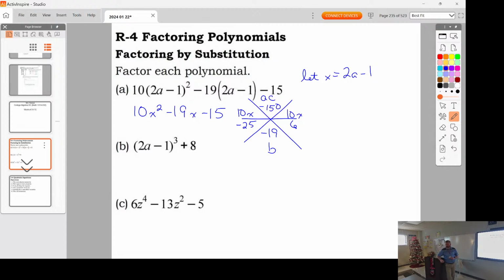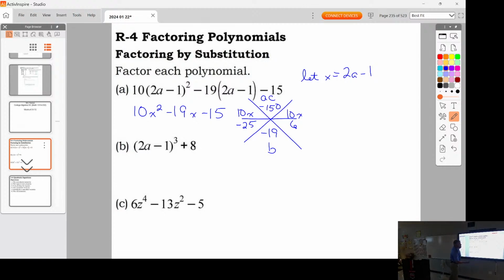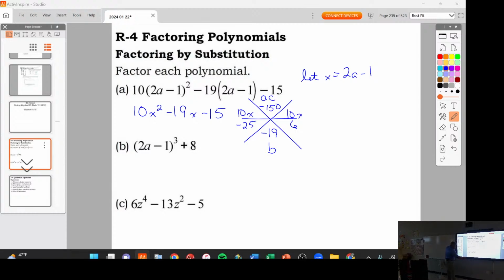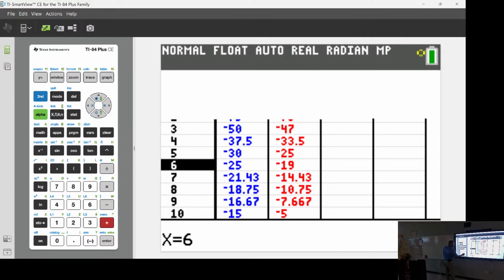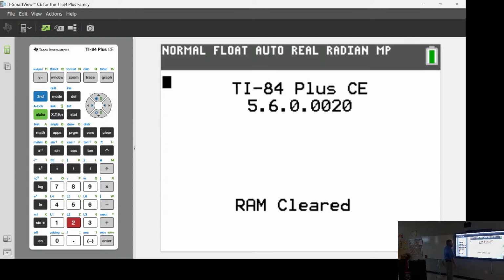I'm going to go ahead and walk through it again. Those of you that were not in this class last semester, y'all probably used the TI Inspire. I'm going to tell you right now, I don't know how to use the TI Inspire, but I do know how to use the 84s. So grab your calculator of choice.